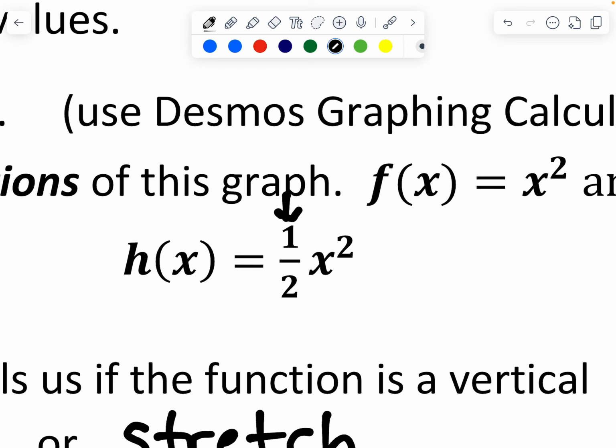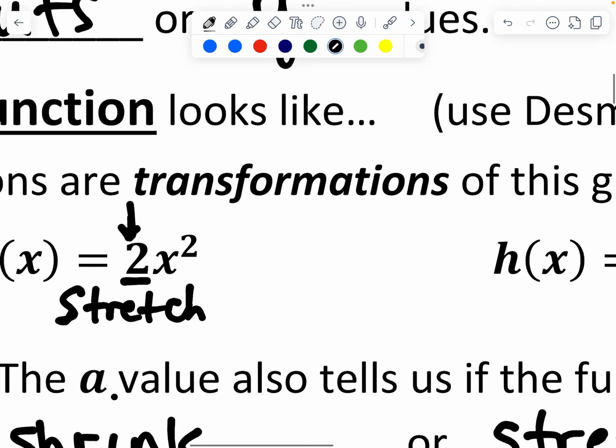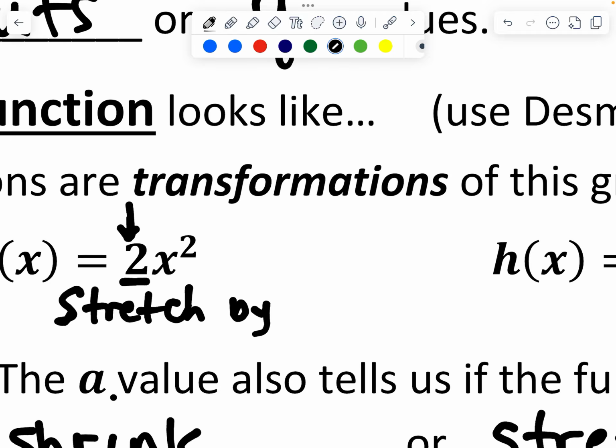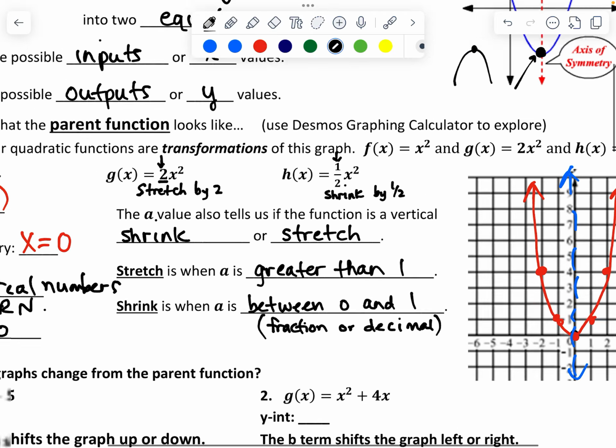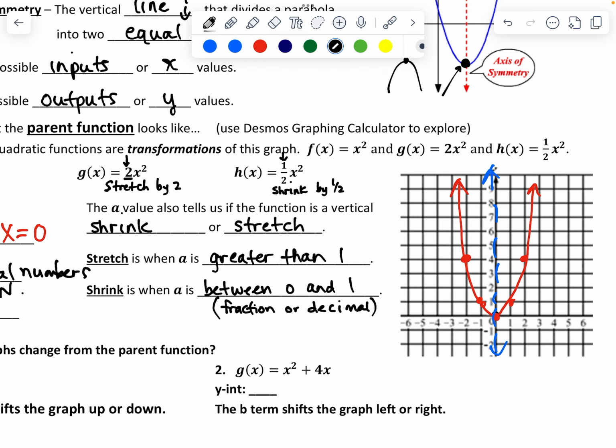So the a value is a fraction. That's going to tell me that that is a shrink. So this is a shrink by 1/2, and this is a stretch by 2. And then you could see those on the graph when we did the Desmos graphing calculator. You can see the shrink and the stretch, and we talked about those already.